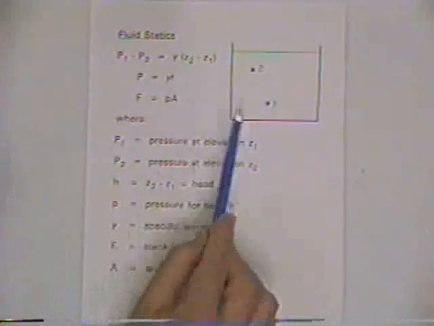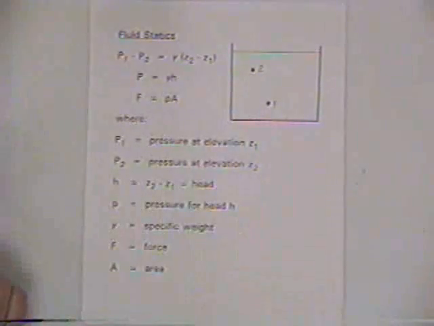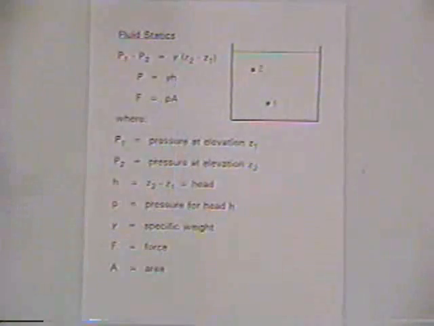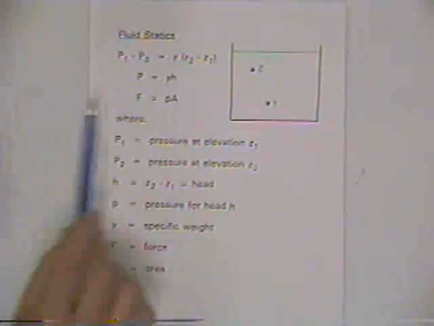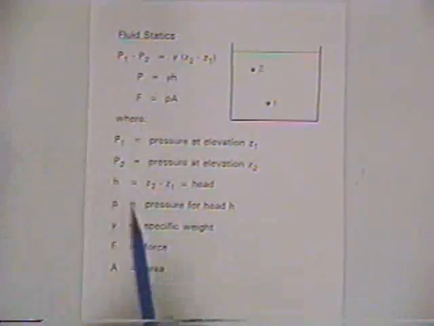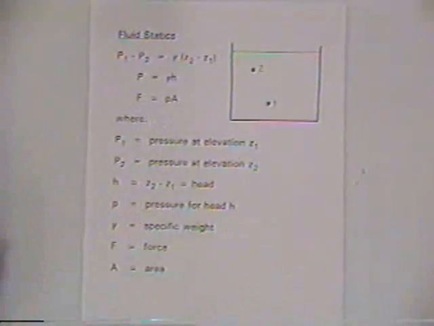If we let Z1 and Z2 be the elevations, the difference in elevation being h, which we call the head, then the pressure is just the unit weight of the fluid times the head between the two points. We may also want to deal with forces, and a force is just a pressure times an area. Those are the basic expressions that we work with in fluid statics.